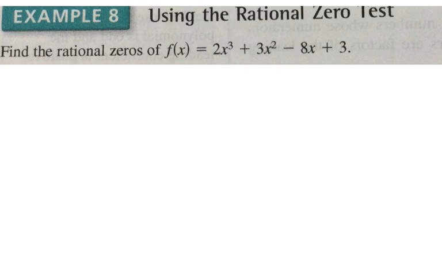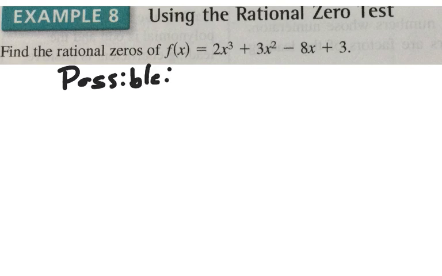So right here it tells me to find the rational zeros of f of x equals 2x cubed plus 3x squared minus 8x plus 3. Okay, so now I'm going to list what are my possible rational zeros.